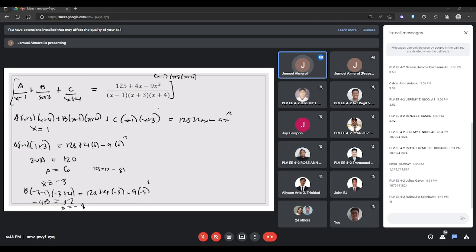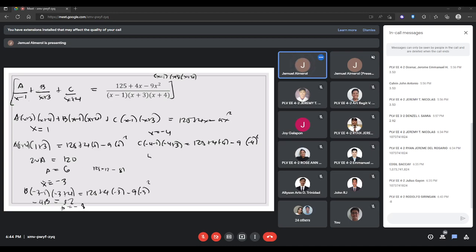Okay? And then for x is equal to negative 4. So, siya lang may iwan kasi both are having x plus 4. So, you have c times negative 4 minus 1 times negative 4 plus 3. That would be equal to 125 plus 4 times negative 4 minus 9 times negative 4. So, negative 5 times negative 1, positive 5.